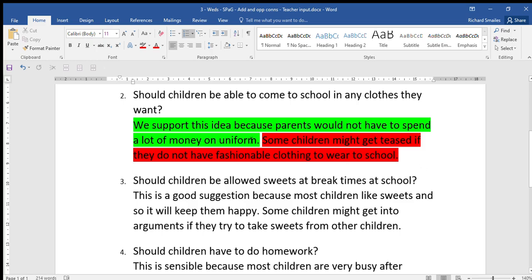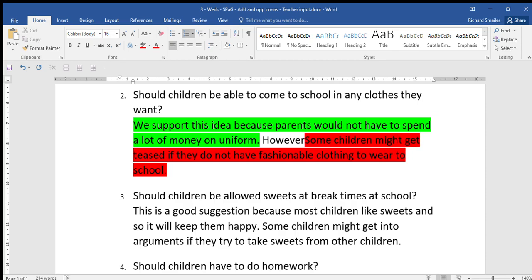Now, because those sentences disagree with each other, as you can see they're different colours, we can't use an addition connective. We've got to use an opposition connective. Now, the easiest opposition connective is simply however.